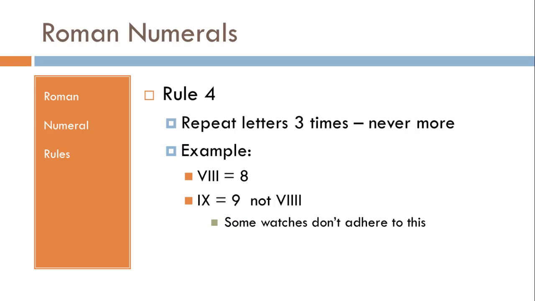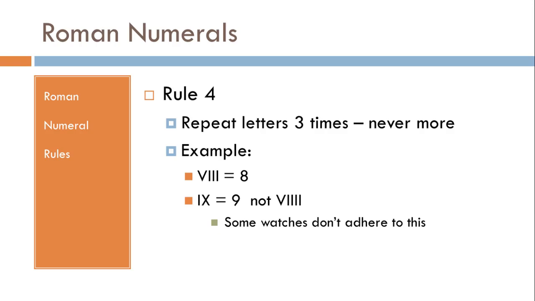Rule number 4, if a letter repeats 3 times, you're not going to see it repeat a 4th time, okay? So 3 times maximum. For example, VIII equals 8. 9 is IX, not VIIII. Now, some watches, if any of y'all have maybe an old school watch that has Roman numerals as your numbers for 1, 2, 3, 4, 5, 6, take a look at 4.